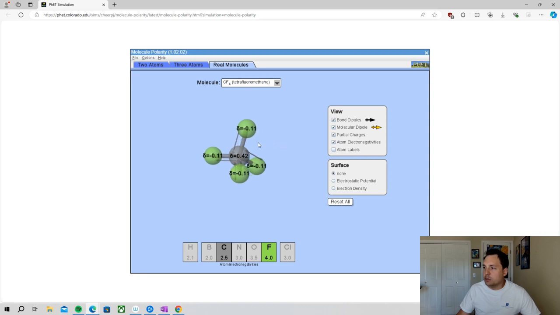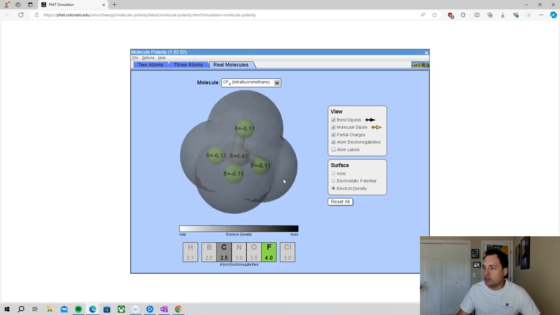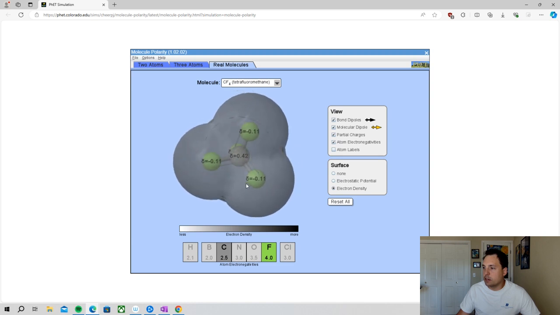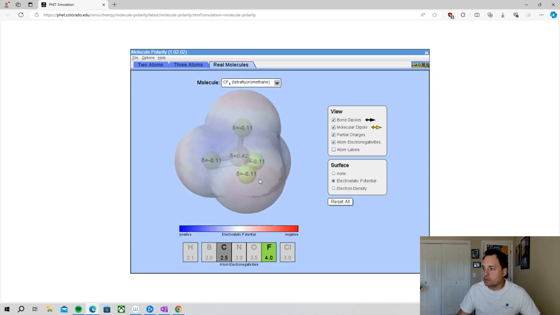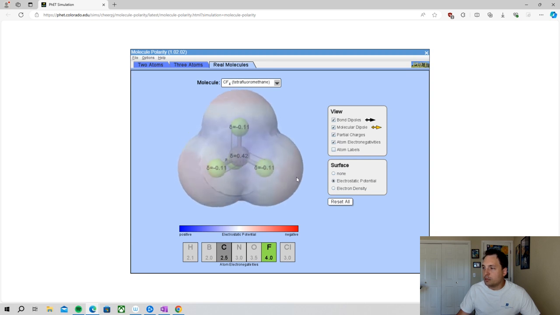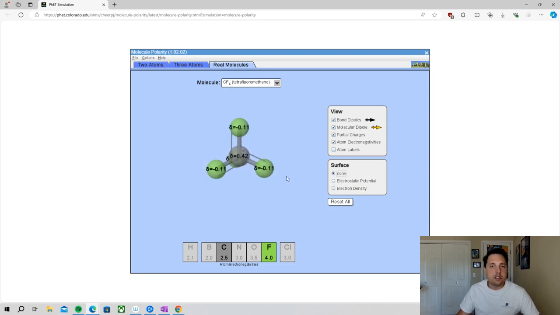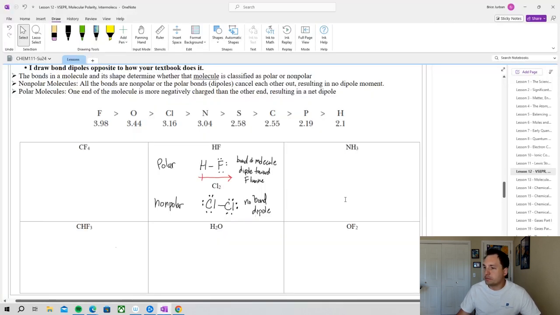Although there is a partial charge on these fluorines, and we can see that here with the electron density, we're going to have more electron density on the fluorines than in the middle of the molecule overall. And you can also see there's a little bit of a negative charge there. Overall, this is not a polar molecule.